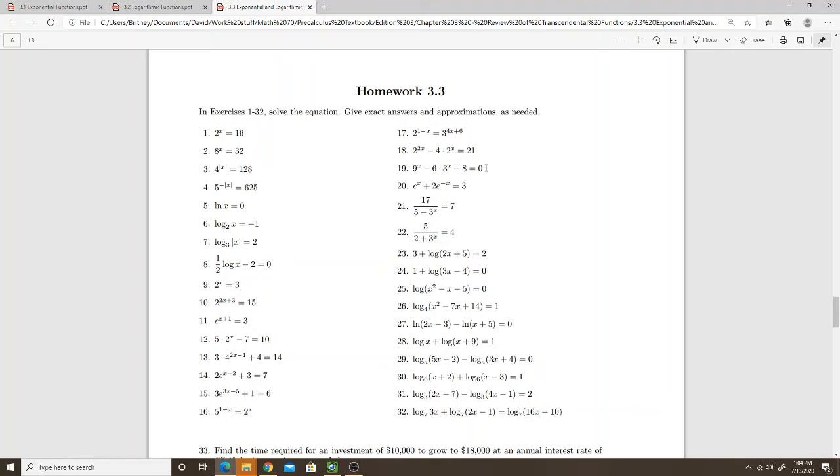on number 19, the trick is to sort of see this as something that's quadratic in form. That's maybe a little bit difficult to do, but let's write this thing down, and then I'll show you what I mean. So 19 is 9 to the x minus 6 times 3 to the x plus 8 equals 0.